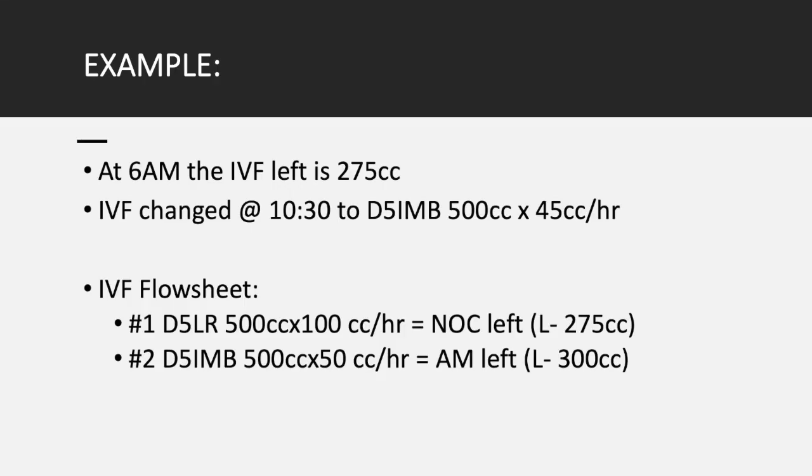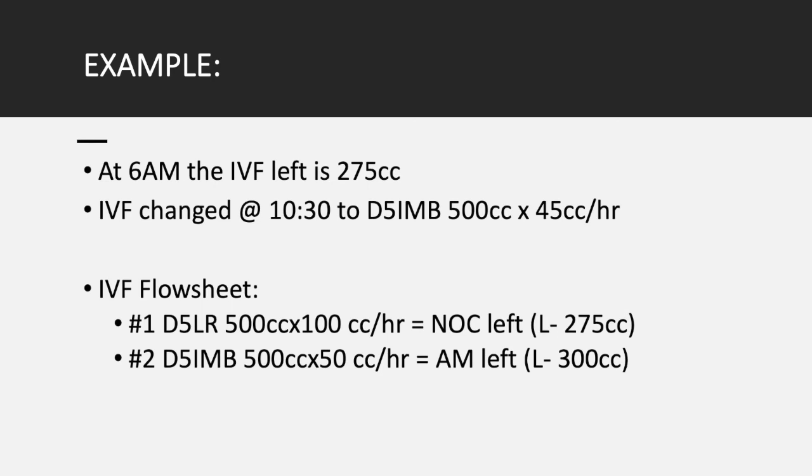For example, this is in AMCM. So at 6 a.m., the IVF left is 275 cc. Our shift usually is 7 a.m. to 3 p.m. And then the IVF was changed at 10:30 during our shift to D5IMB 500 cc times 45 cc per hour.